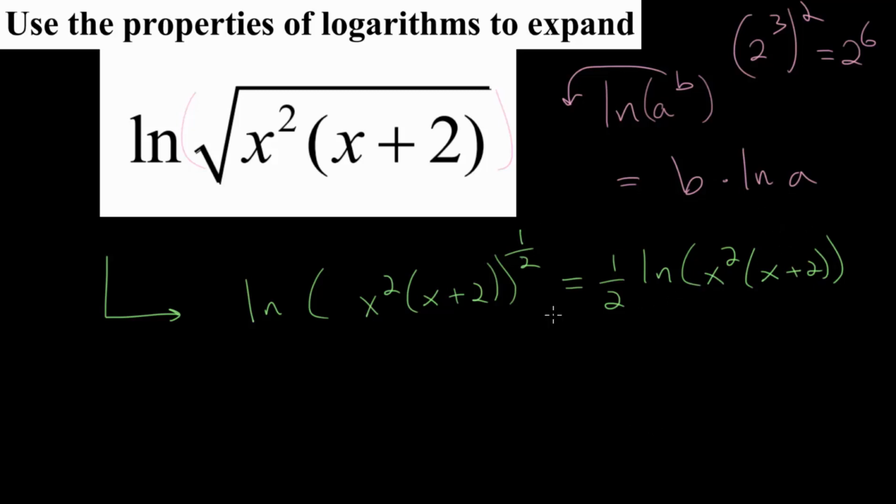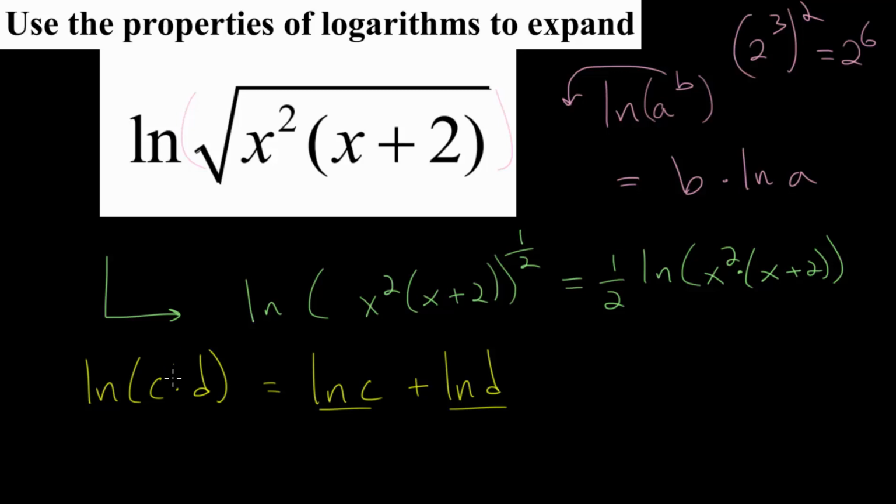And the next step is to recognize that we have a product inside of our logarithm. And the exponent property that we'll need to use here, let's say we have the natural log of c multiplied by d. If we have a product on the inside, we can separate this into the natural log of c plus the natural log of d. So a product on the inside allows us to split it into a sum of 2 logarithms. Likewise, if we have a quotient, if we had c divided by d, we would just have subtraction.